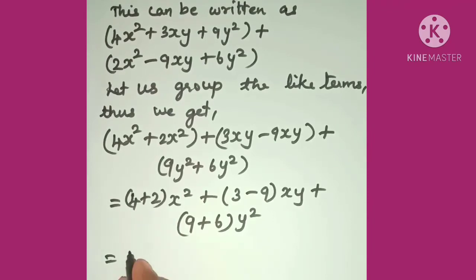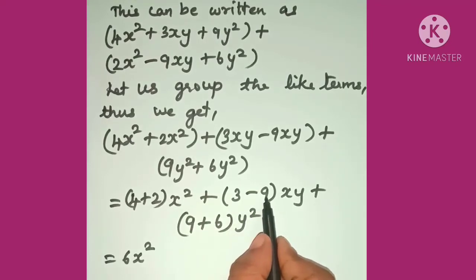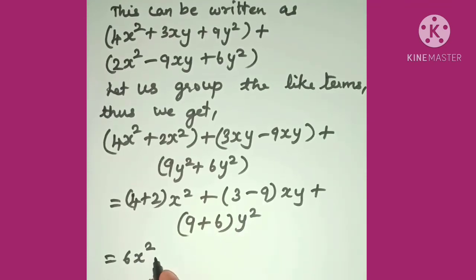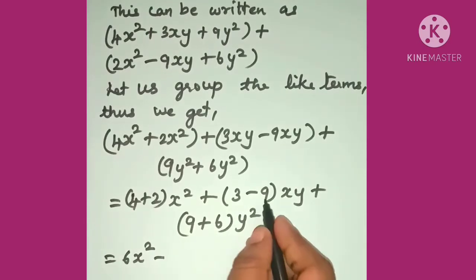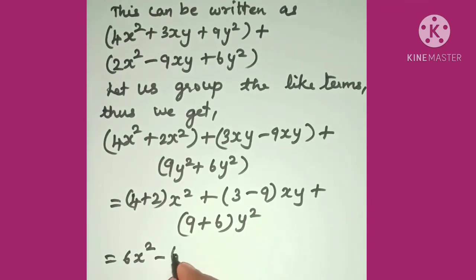4 plus 2 is 6x square, and here 3 minus 9. So here we are subtracting 9 from 3. That is, we need to put the minus sign and subtract 3 from 9, that is 6.